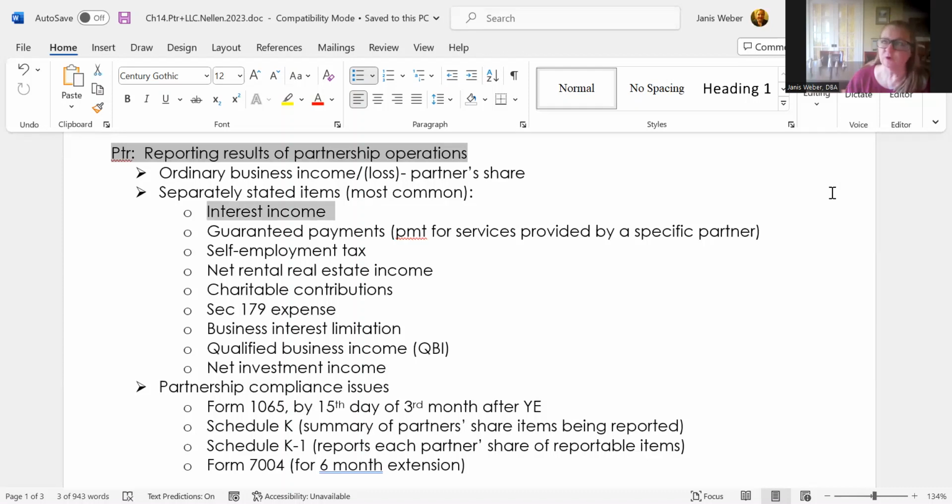So guaranteed payments are similar to a salary that you would pay to an owner, because it is the designated amount that we say is due to that particular partner. And so if you had a partnership that had, say, 12 people in it, and most of them were part-time because they worked somewhere else and they just worked here on the side, but this one person invested a lot of time, then you would probably set them a guaranteed salary that would come out of the ordinary business income.